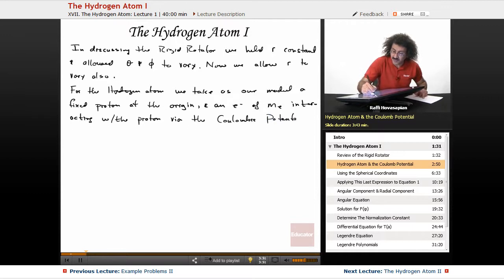So basically, this is just a fancy way of saying we have a positive charge and a negative charge, and they're going to interact with each other based on the fact that positive and negative charge attract each other. That's it. That's all we're saying.